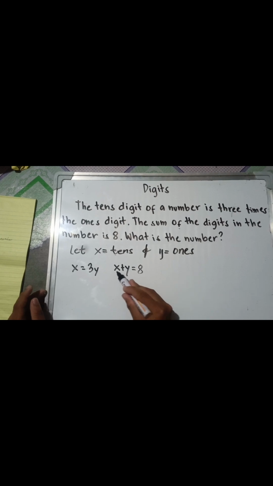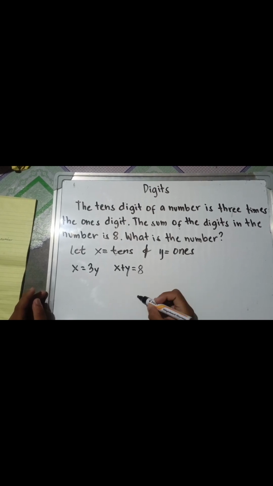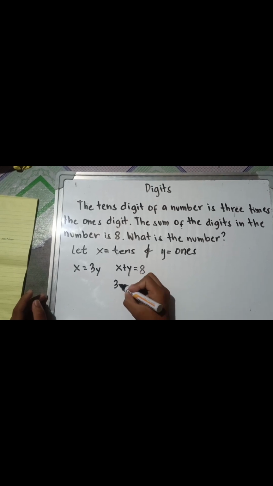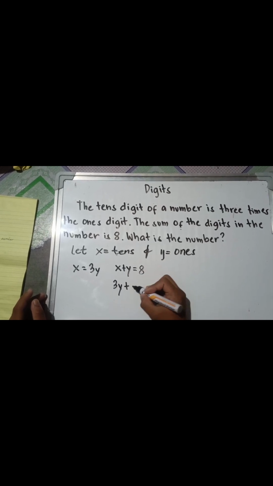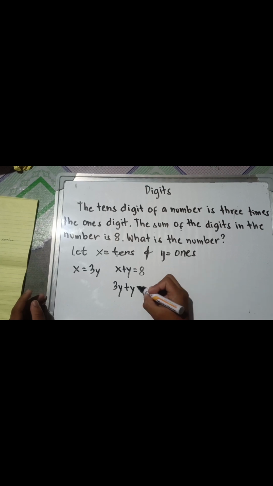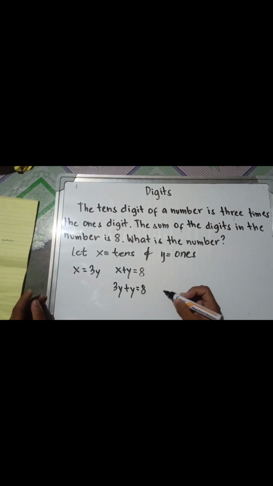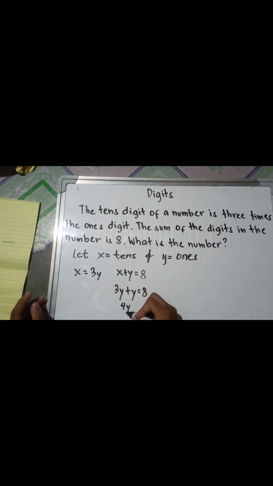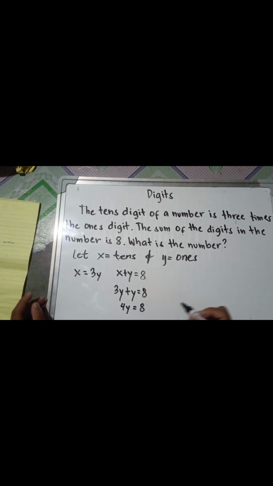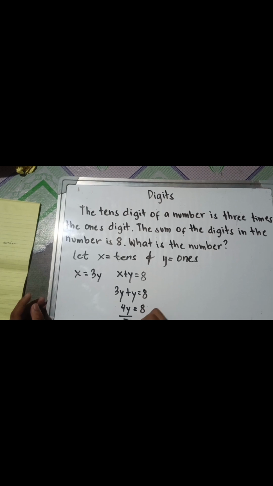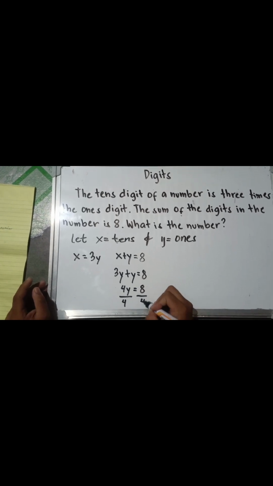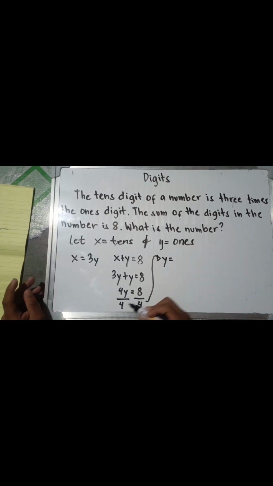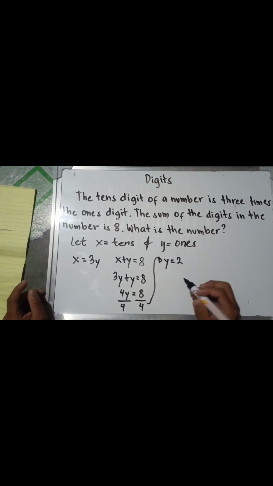Since x and y can't be added as they are, we let x be 3y plus y, which is the ones digit, equals 8. So we add 3y plus y, which is 4y, equals 8. We divide both sides by 4. And we come up with the answer 2. So this is our y.